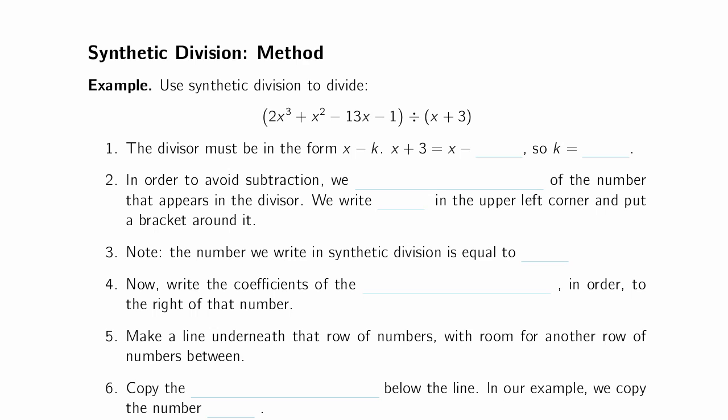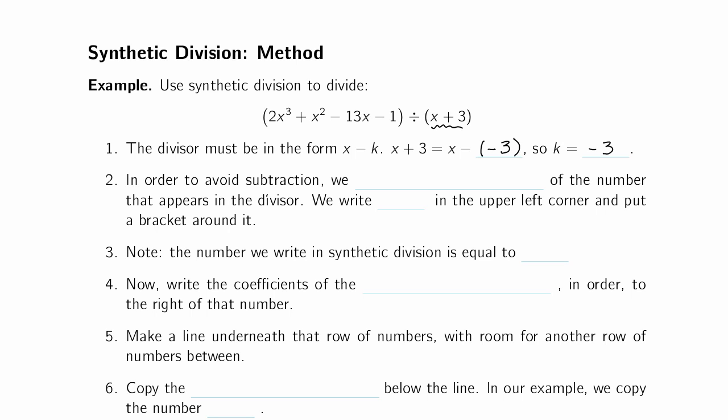In order to use synthetic division, our divisor has to be in the form x minus some number. Now here our divisor is x plus 3, but that's the same as x minus negative 3. So our k is negative 3.